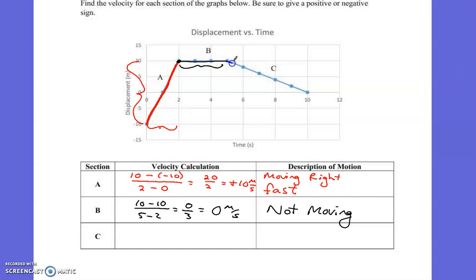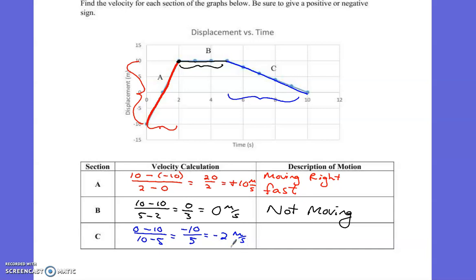The last section, part C, the line is going down, and again we want to do the rise over the run. Now the line went from 10 down to 0, and we also have that it went over from 5 to 10. So it went down 10 and it went over 5, which gives us a slope of -2, and it would be meters per second.